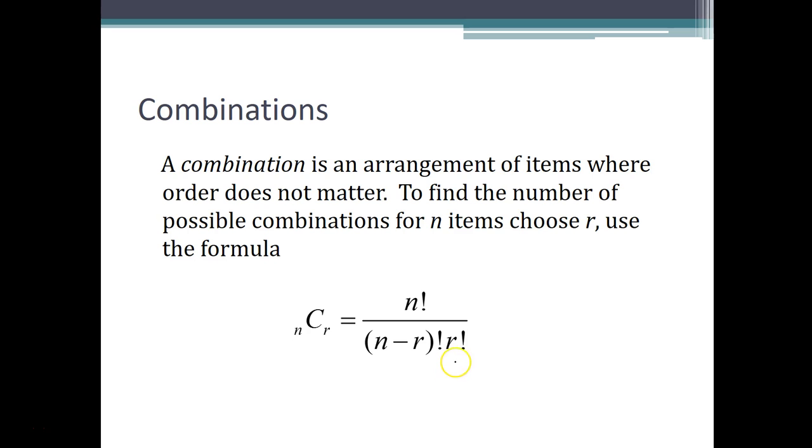You're also having to divide by r factorial. Well, because order doesn't matter, you have to eliminate those different quote-unquote arrangements where you had the same items, but just switched them around. Because in combinations, that doesn't matter. It doesn't count separately. Same items switched around are still the same in a combination. So you have to divide by r factorial to account for that.